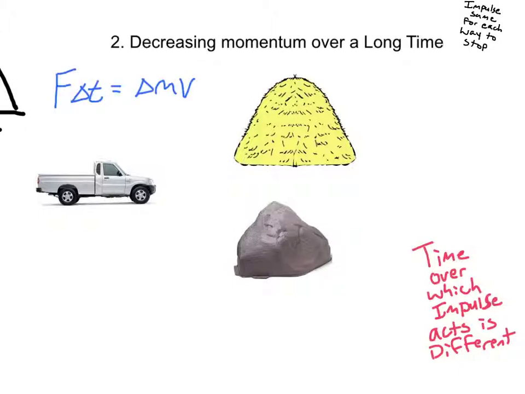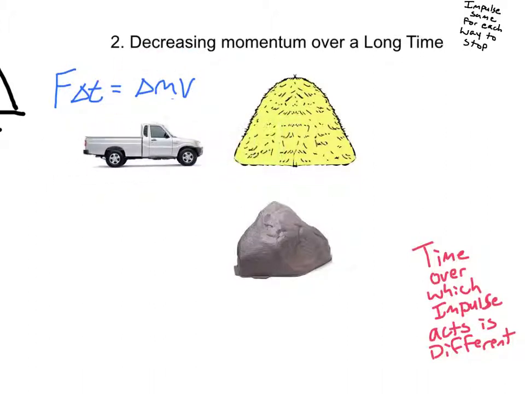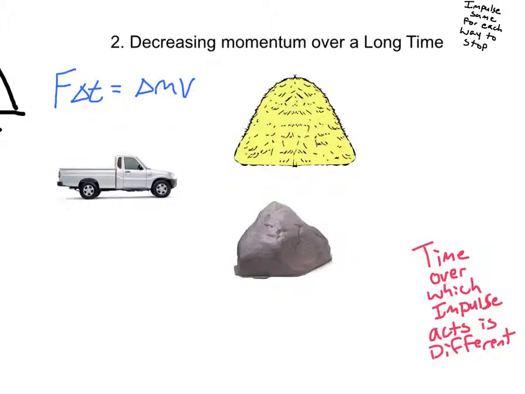So by looking at this impulse momentum theorem, where we know that however long it takes to stop the speedaway car, right, the change in momentum is going to be the same for either case, haystack or boulder. Also, the impulse delivered will be the same whether you run into the haystack or the boulder. What's different is the time interval. The boulder will be a much shorter time interval.